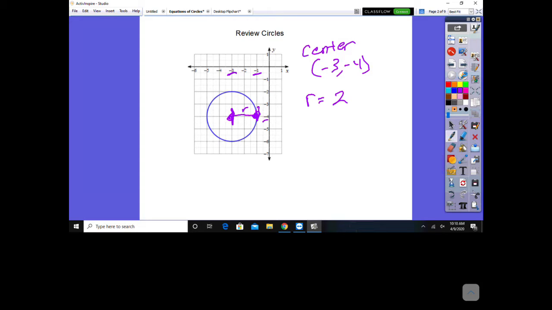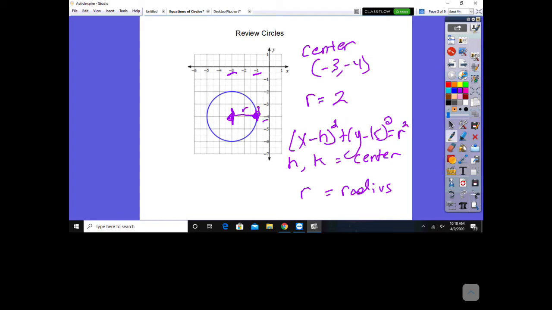The equation of a circle actually happens to look like this. (x - h) squared plus (y - k) squared equals r squared. This h and the k right here is the center, and the r right here is the radius.